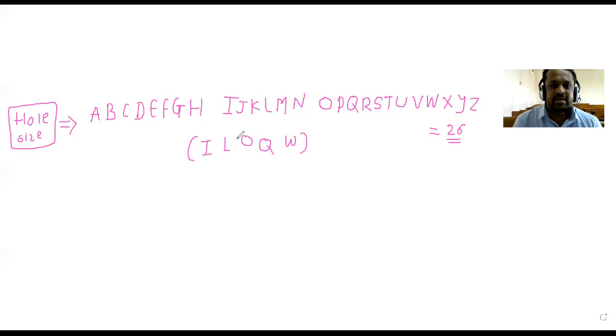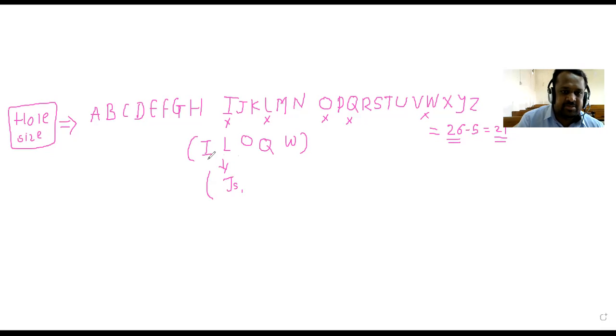That means we have to eliminate I, L, O, Q and W. How many? Five we have to eliminate. How many are remaining? It is 21. And instead of these five letters, we have to replace them.